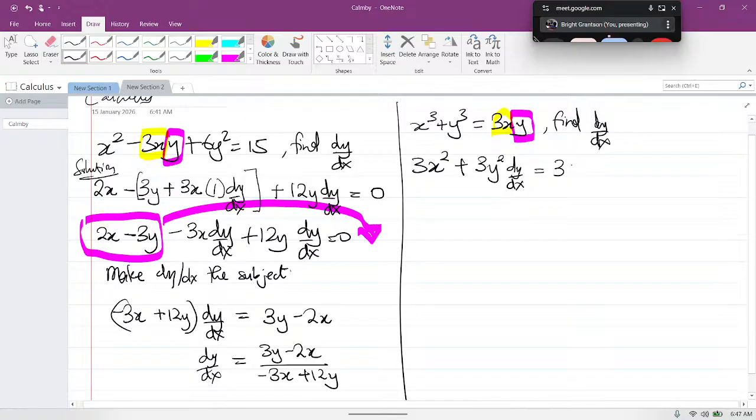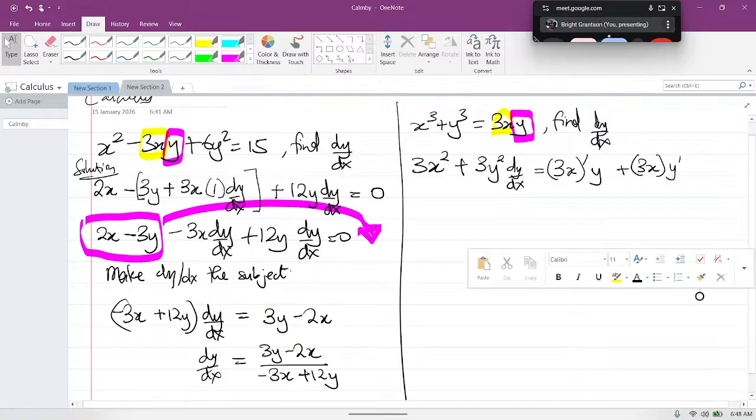In a product function, step by step, you differentiate 3x like this and attach the y, plus 3x you don't do anything, you differentiate the y. You get it?